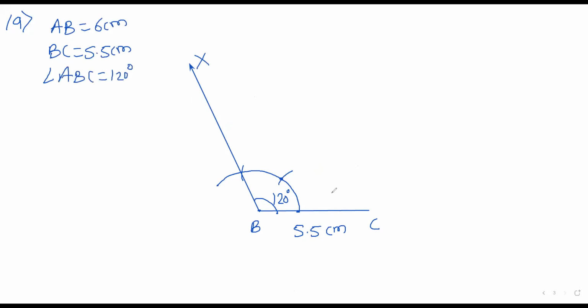Now with B as the center and radius equal to 6 centimeter, put your rounder on B and cut an arc of 6 centimeter as the radius on ray BX. That is nothing but point A. Once you get point A, join AC. This is the required triangle ABC, right? It is an obtuse angle triangle, obviously.